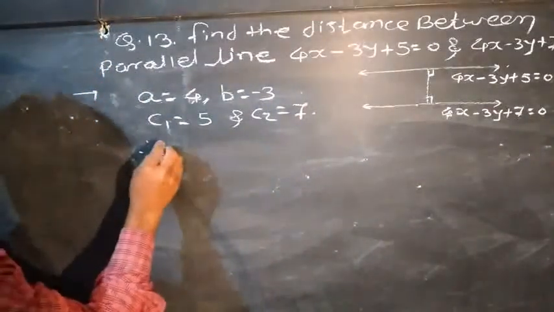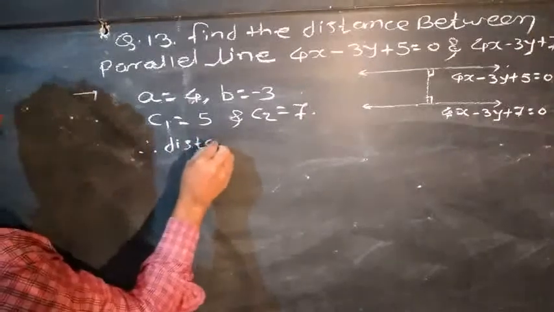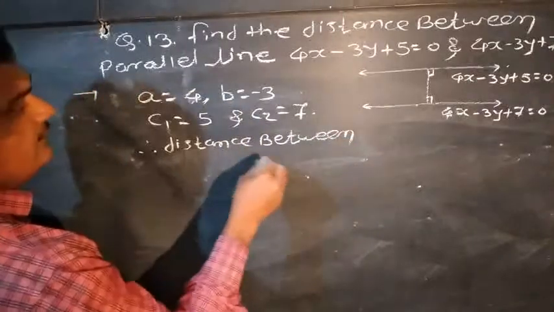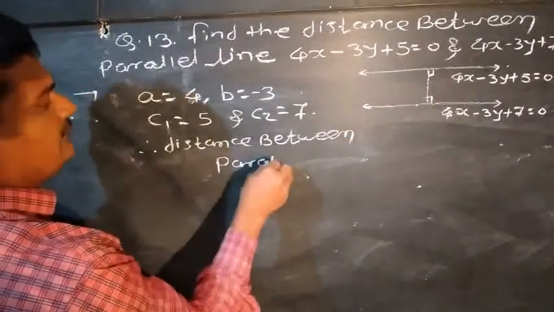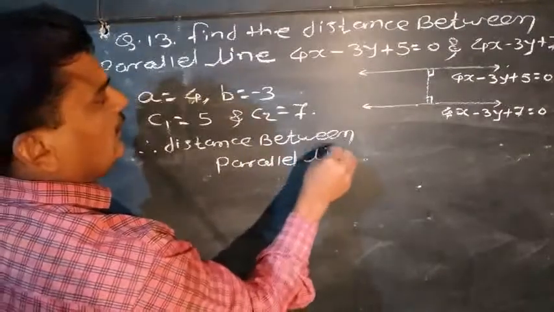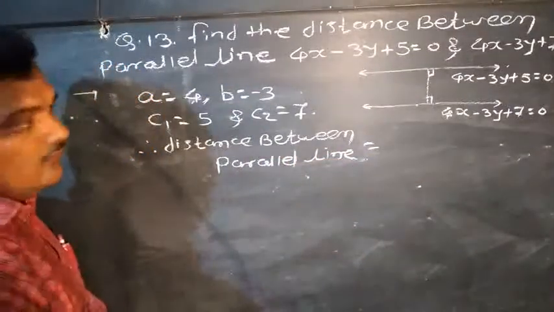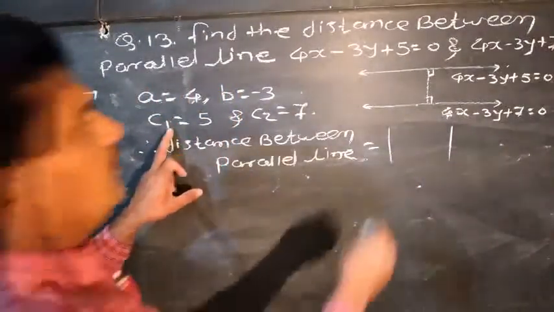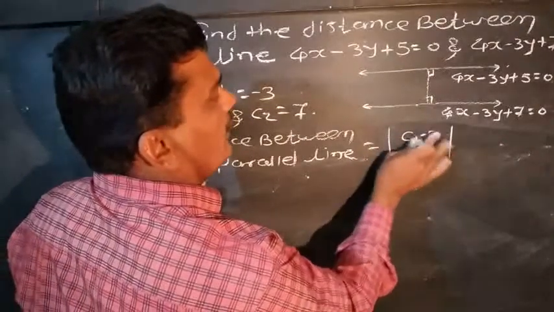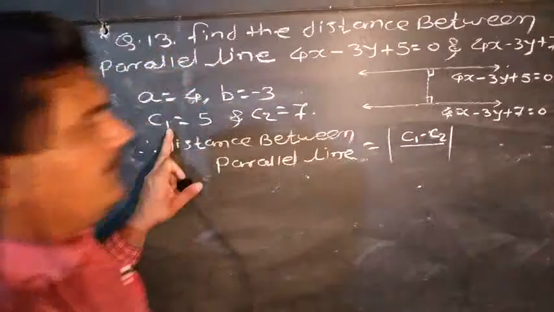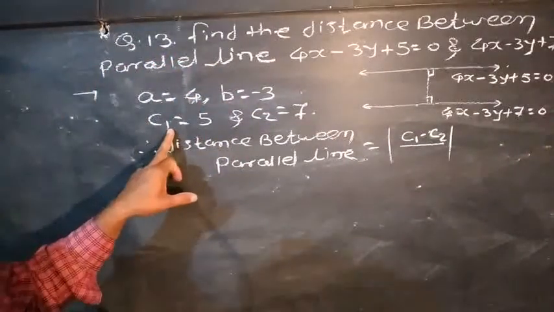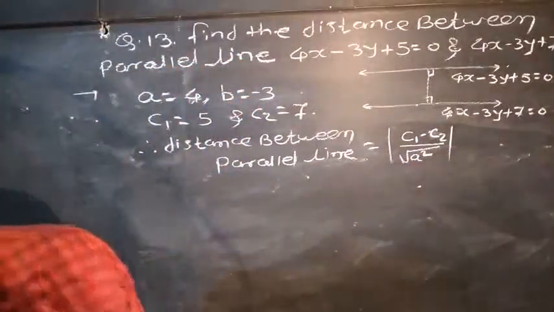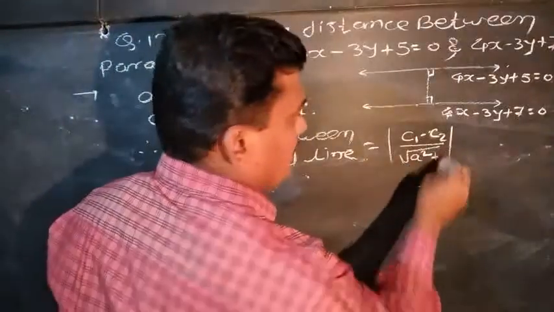Then use the formula. Therefore, the distance between parallel lines is equal to the absolute value, or mod, of C1 minus C2 divided by the square root of A square plus B square.